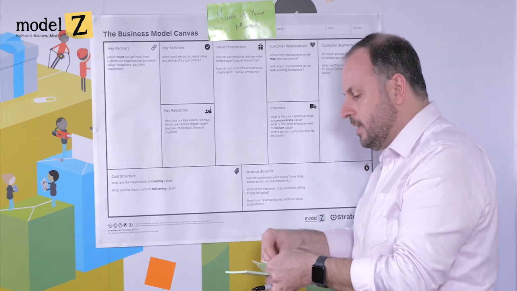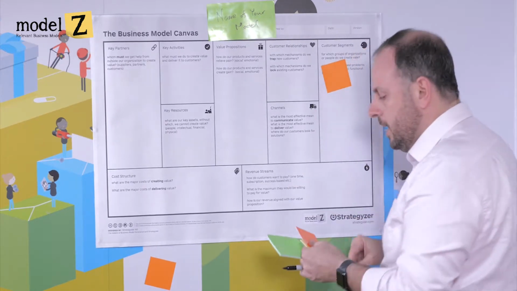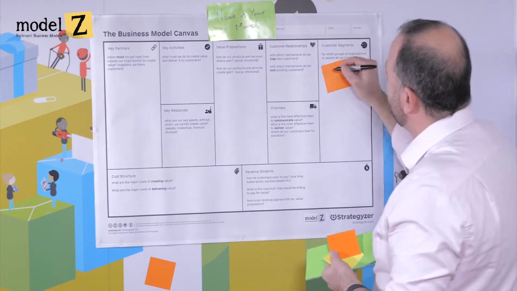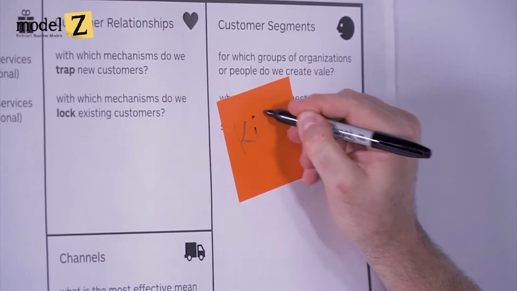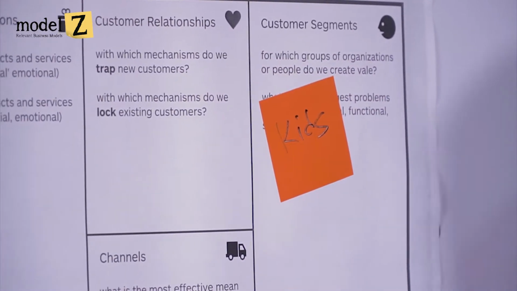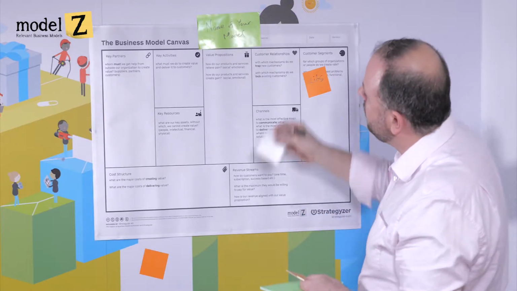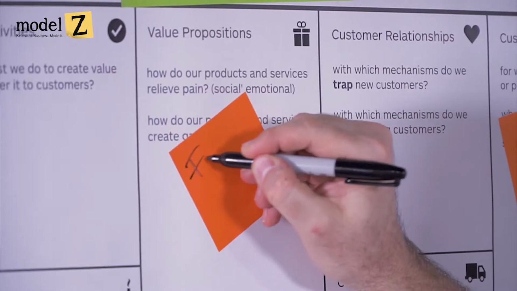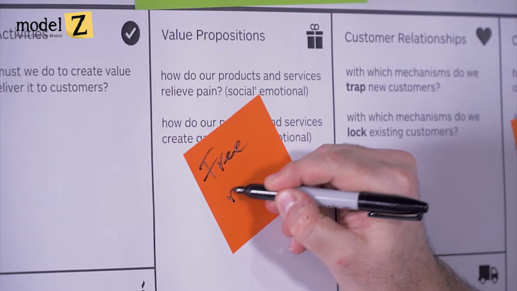Now, the next thing that's important is, let's say we have a customer segment, and let's say that customer segment is kids. Writing down kids. And then we have value that says, I don't know, free rides.